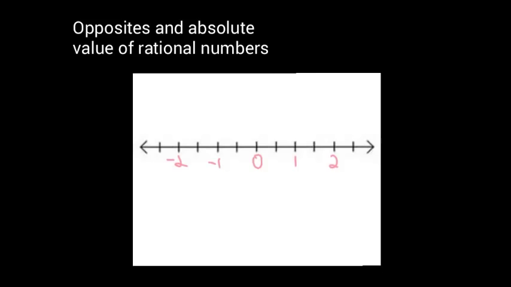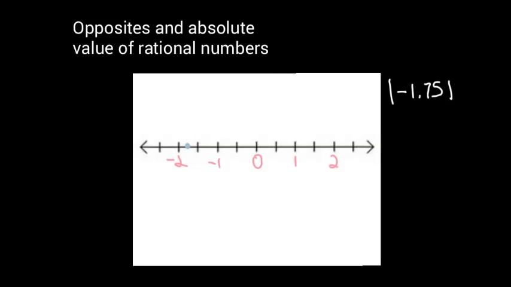And this works the same if your number is a decimal as it does a fraction. So say our number is negative 1 3/4, or 1 75/100. So find that on the number line. So we're going to go to negative 1 and then 3/4 more. So that's going to be halfway between that negative 2 and the line closest to it.